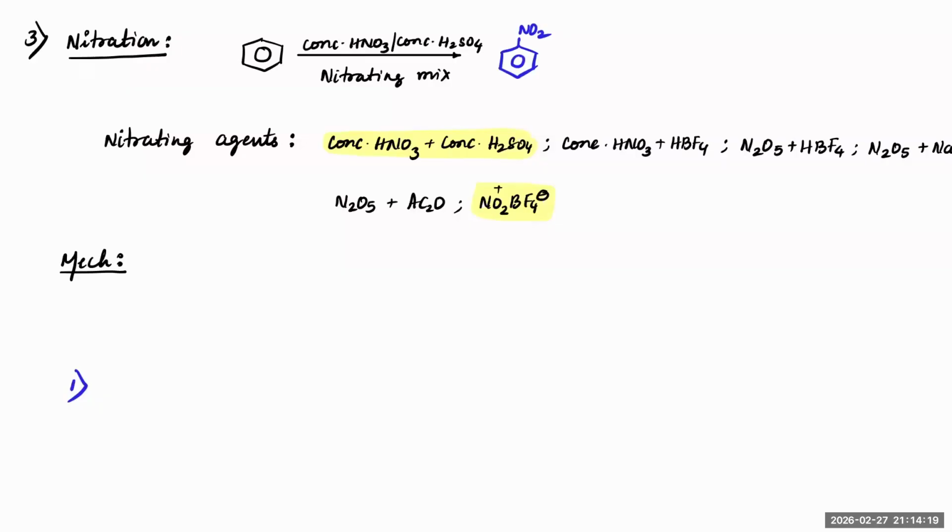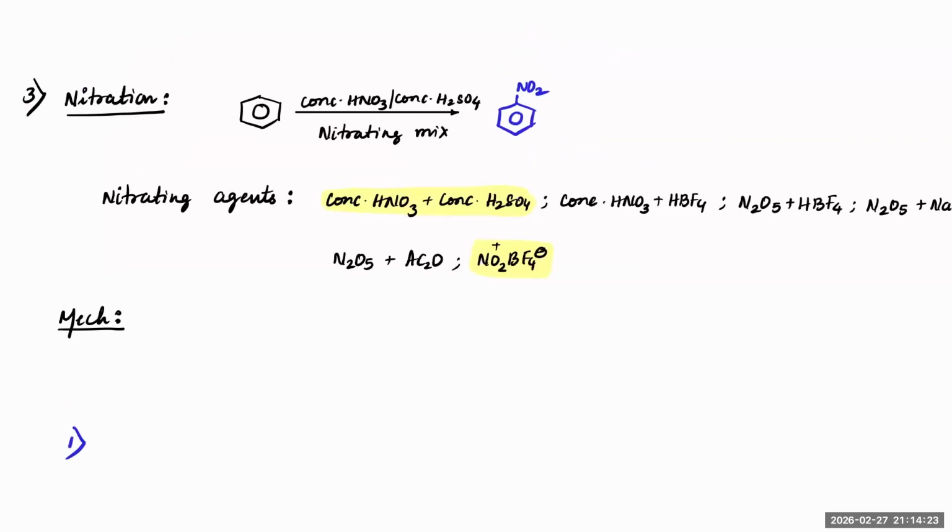Right. So when it comes to nitration, if benzene is treated with concentrated HNO3 and H2SO4, which we call a nitrating mixture, you can convert that into nitrobenzene.